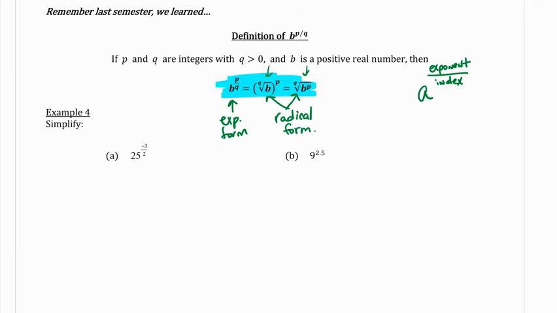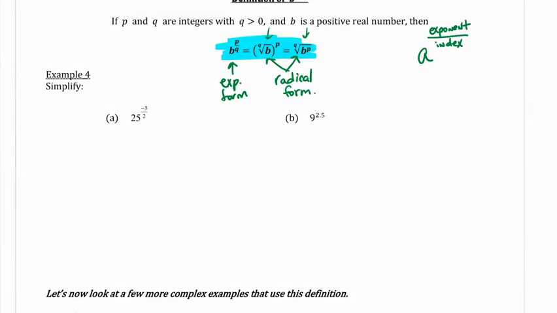Okay, so let's look at one here. If we wanted to simplify these, I've got 25 to the negative 3/2. Well, before I deal with the fraction here, I'm going to deal with that negative and fix that. Remember, to fix a negative exponent, we move it to the opposite side of a fraction. So I'm going to change this to 1 over 25 to the positive 3/2, right?